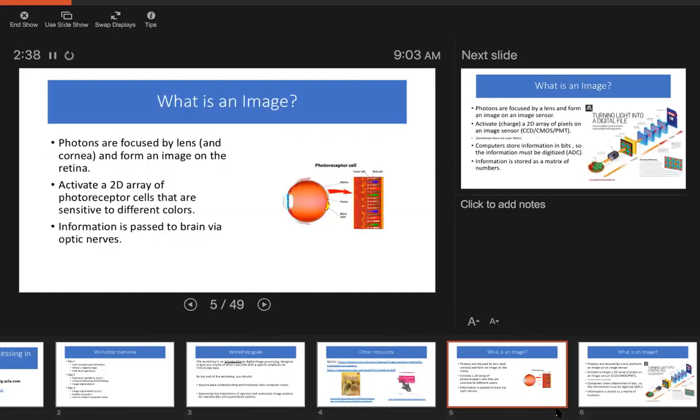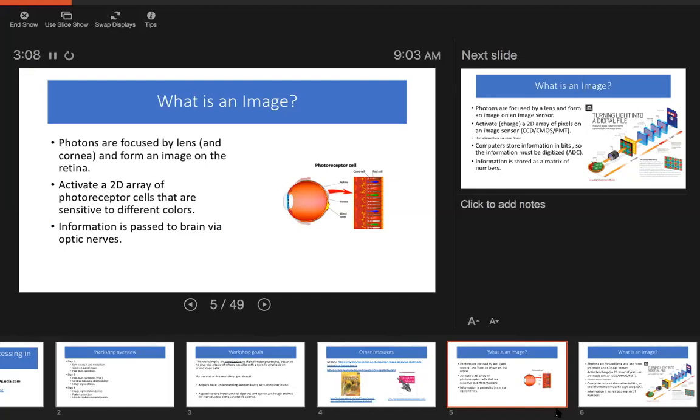So what is an image, right? When you look at the world and you see something around you, your vision system, what exactly is happening there? So photons are emitted or reflected from things around you. They are focused by a lens. You have a lens in your eye. And also by the cornea. The cornea is literally doing most of the heavy lifting in terms of focusing. It focuses on the retina, which is in the back of your eye. The retina is basically a screen.